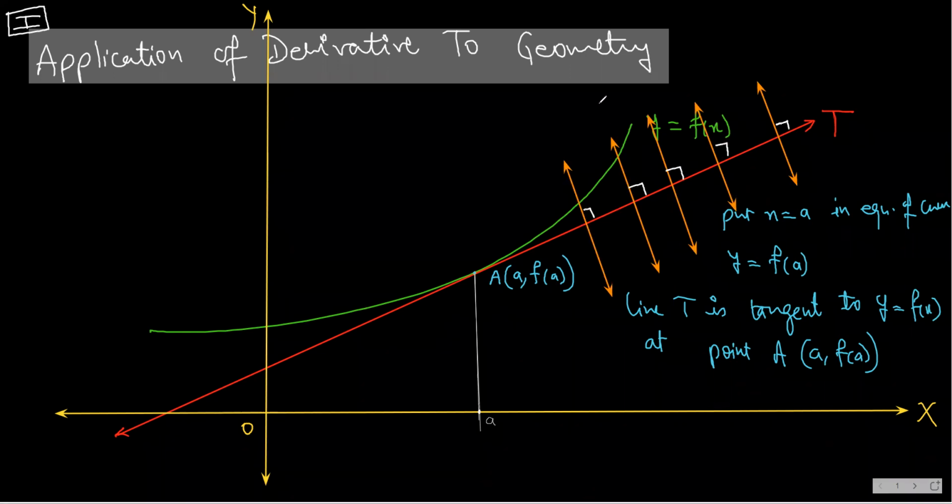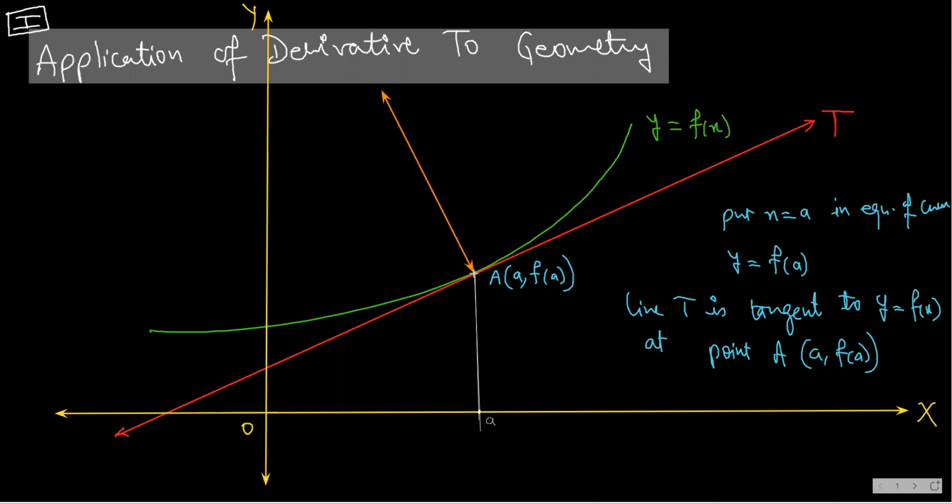But remember students, we are not interested in these perpendiculars. We are interested in a line which is perpendicular to the tangent, and that perpendicular is at A. So here I have that. See, I'm interested in this.